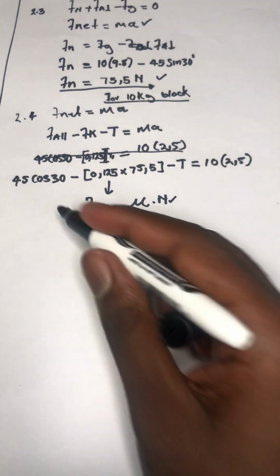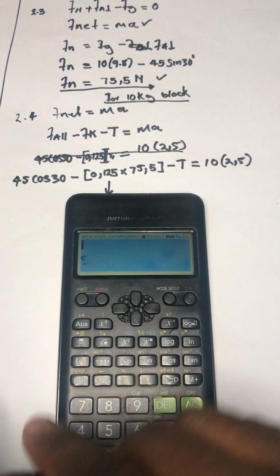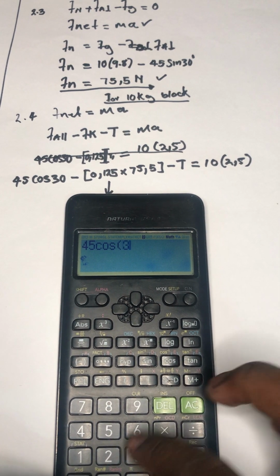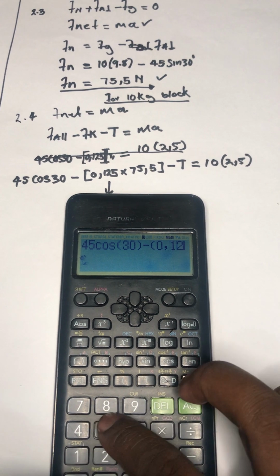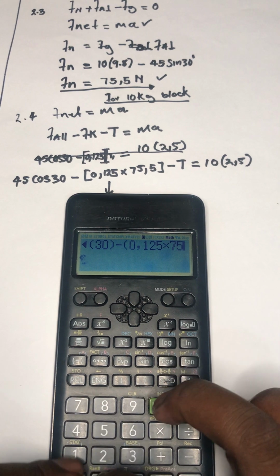Okay, let us share the calculator and come back with the answer. Make sure you press your calculator correctly: 45 cos 30 minus 0.125 times 75.5.